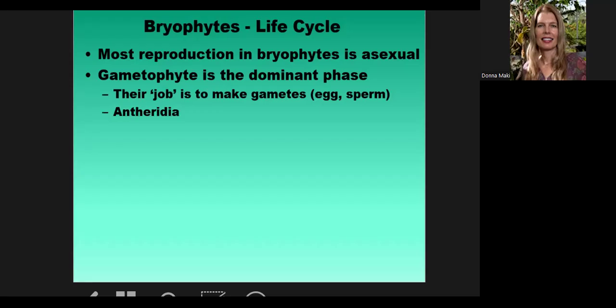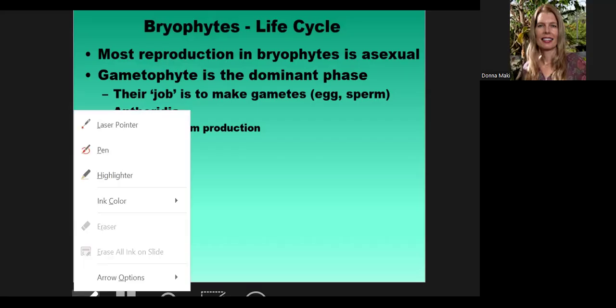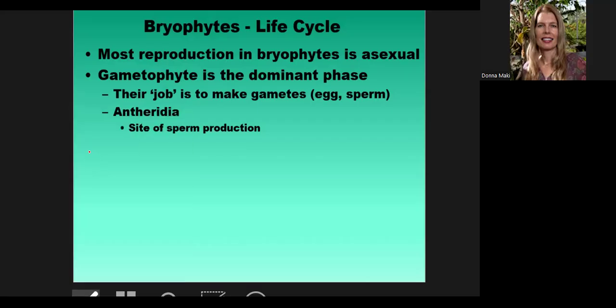The job of the gametophyte is to make gametes, which are the egg and sperm. Where are they doing that? They're doing it in a special structure where you have, first of all, the antheridia, and that's the site where you're going to get sperm production. The way I remember this is that antheridia is close to the word antler, and I think about male deer having antlers.